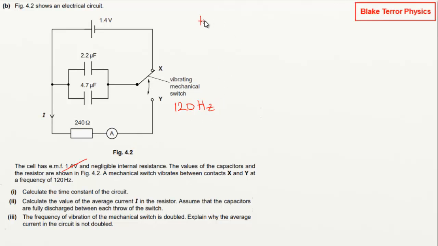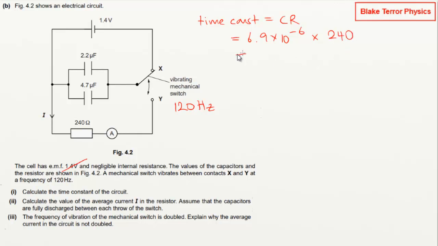The time constant is equal to the capacitance multiplied by the resistance that it is discharging through. Our capacitors are in parallel, so we're just adding them up. So that's 6.9 times 10 to the minus 6 multiplied by 240.